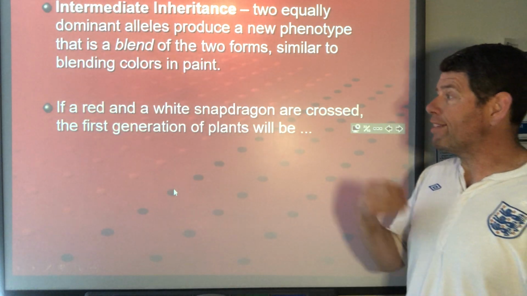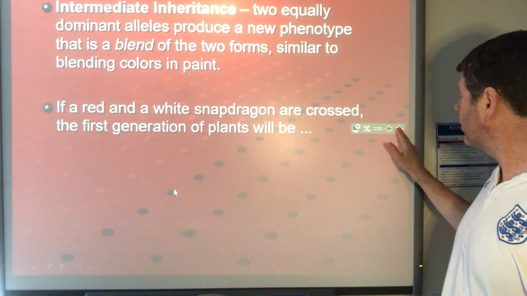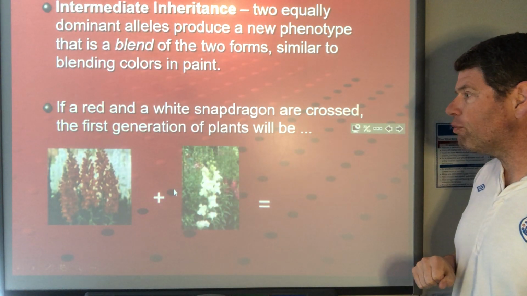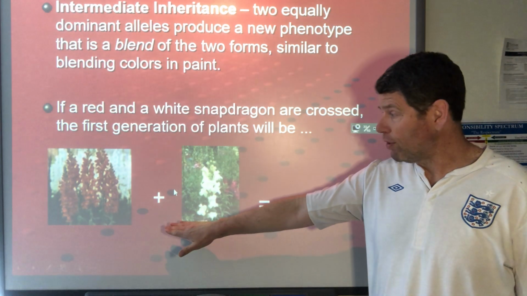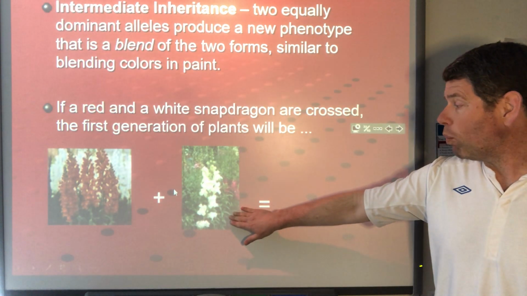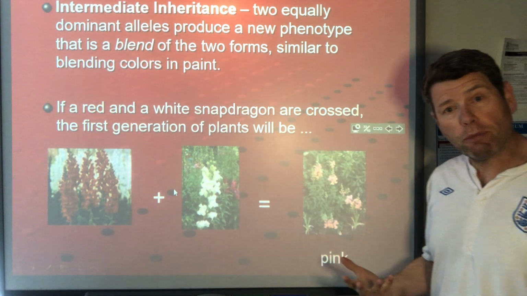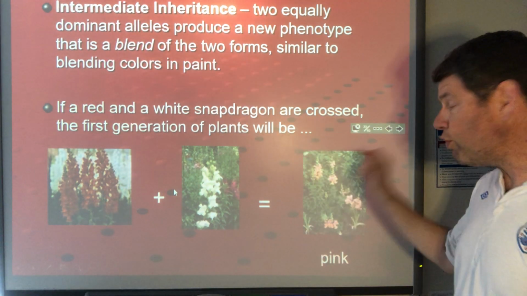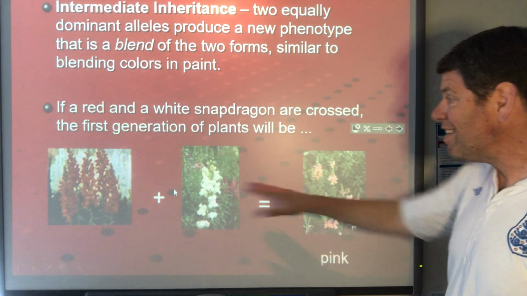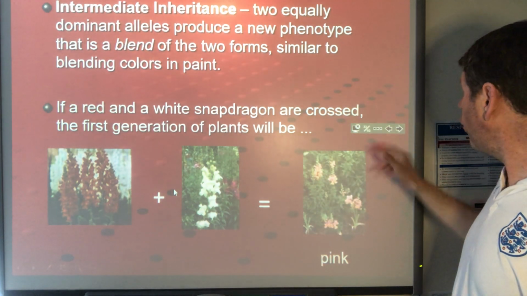If you have, for example, red and white snapdragons, and you cross them, then the first generation of plants, pure breeding red crossed with pure breeding white, would result in a blend of pink snapdragons, which is a new phenotype. Neither red nor white is dominant over the other.